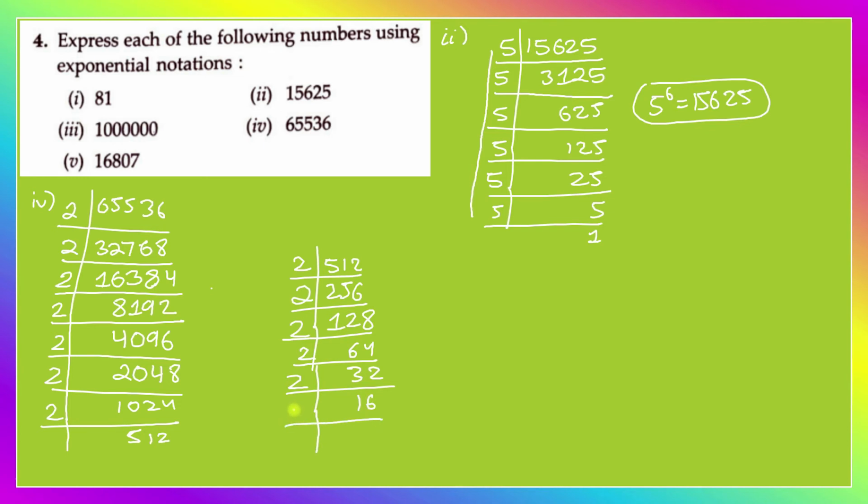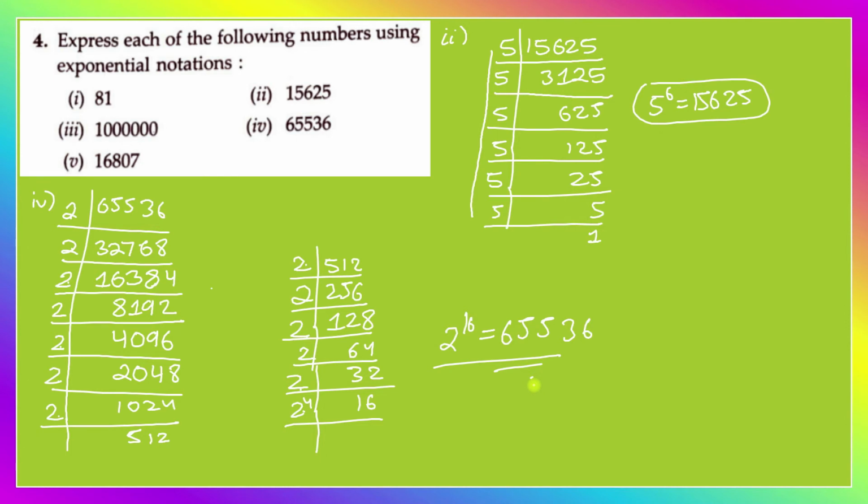And this would be 2 to the power of 4, because 2 to the power 4 is 16. So like this, count, we get 1, 2, 3, 4, 5, 6, 7, 8, 9, 10, 11, 12, 16. 2 to the power 16 equals 65536. So this is the final answer of this question.